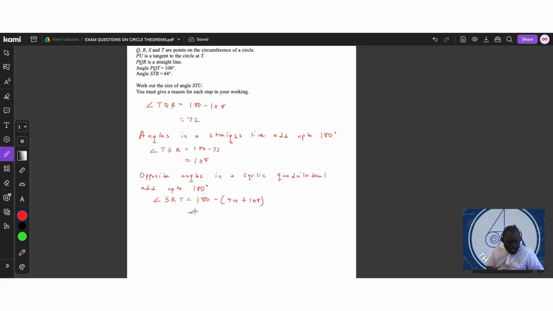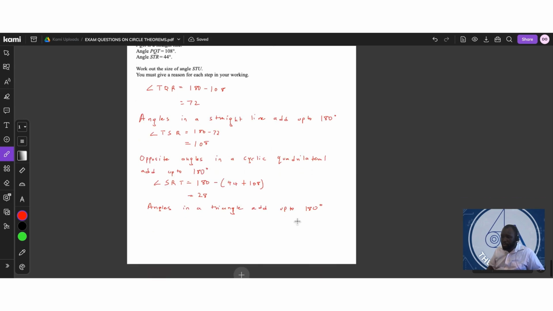This is equal to 28 degrees. And the reason for this: angles in a triangle add up to 180 degrees.